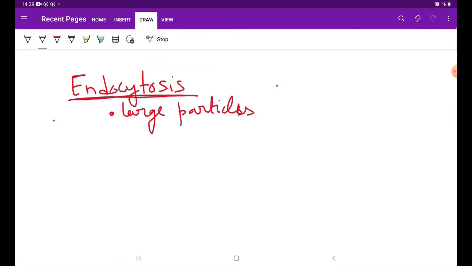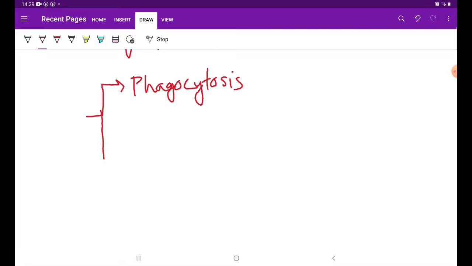One is phagocytosis, and the next one is pinocytosis.